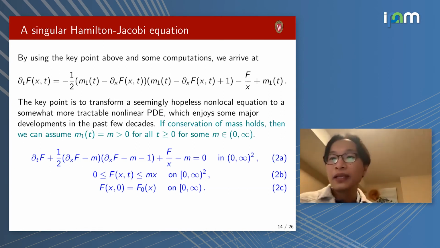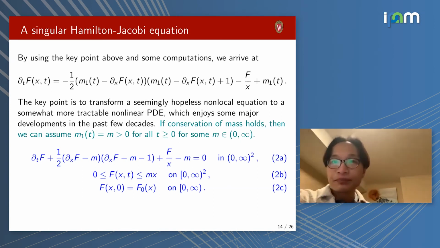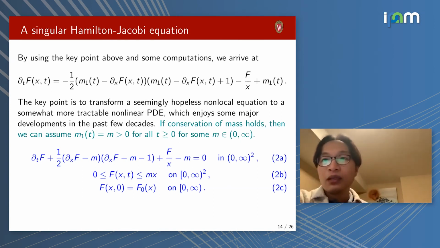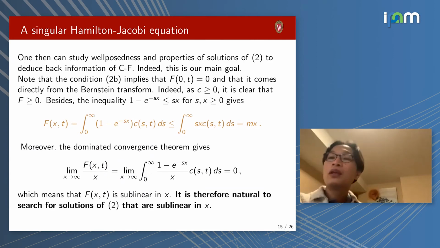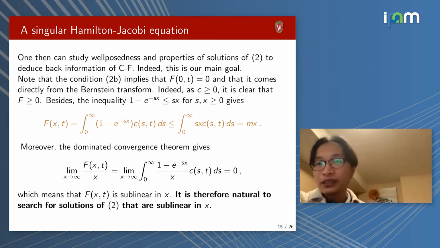So let me explain a little bit about the boundary conditions and certain conditions here, and then I'll tell you what we can do. First, about boundedness, you see that f is always greater than or equal to 0, of course, because c is the density, which is non-negative.